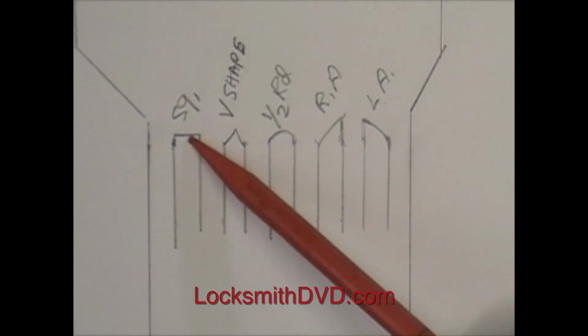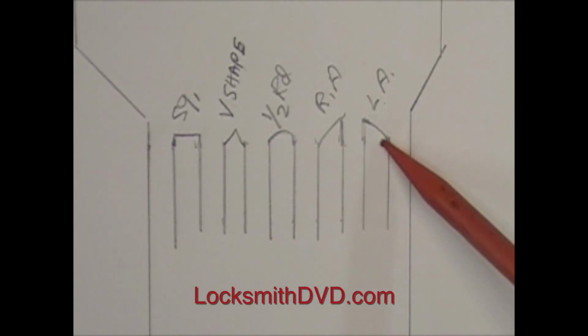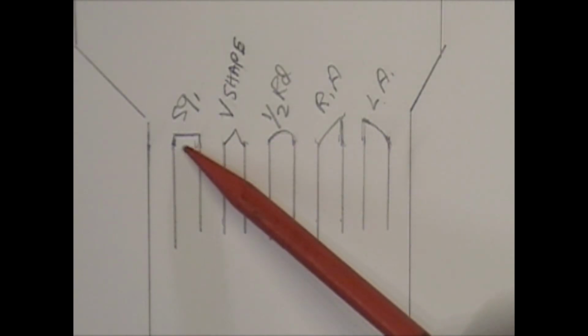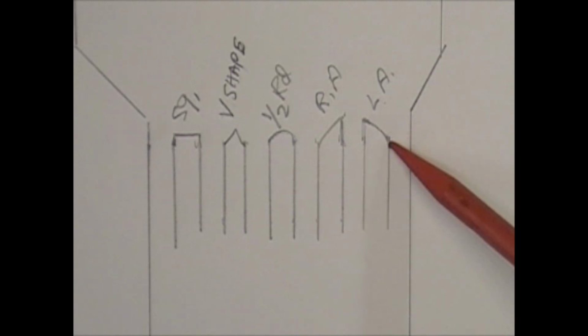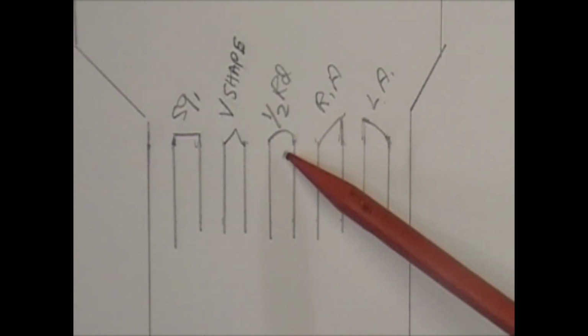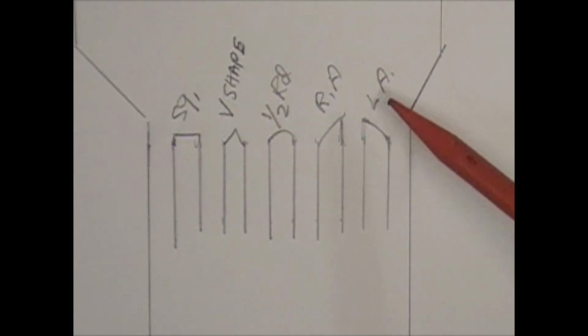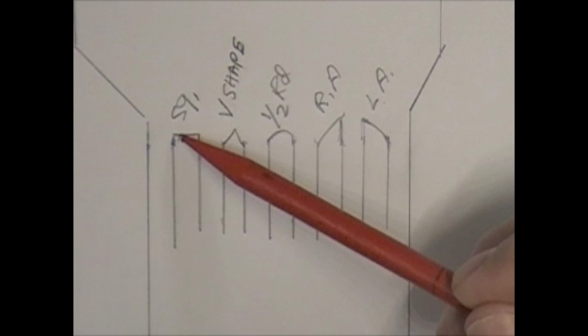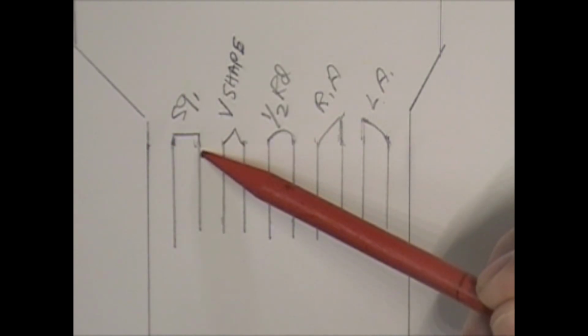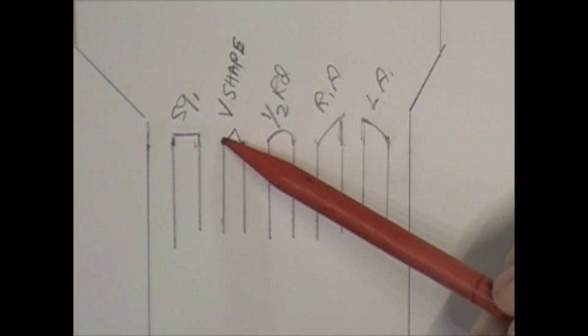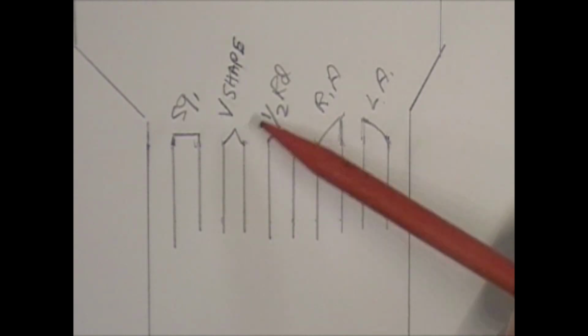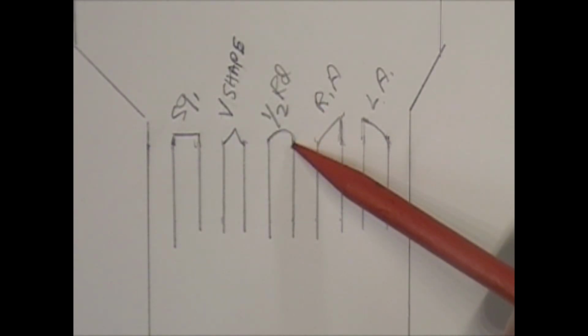So where you want to look, and this is really the last step in the key identification, is right up here where the blade meets the bow, where the grooves stop. Look at the shapes that you get there and make sure that the shapes of the key you're trying to duplicate match up with the shapes in the blank. If you have a square groove, it's going to look like this. A V-shaped groove will be like a triangle at the top. A half round will be just that.